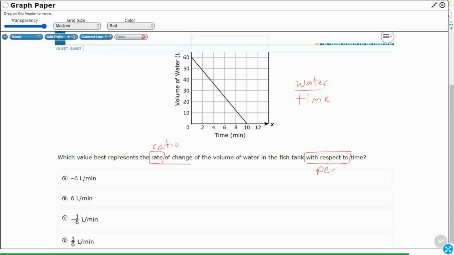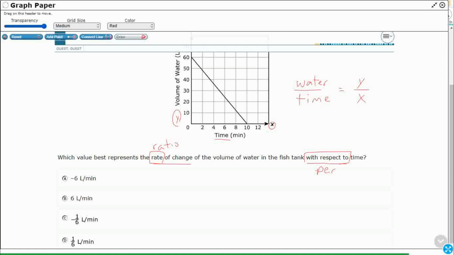So this is what I'm looking for: the rate of change of the ratio of the volume of water per time, or with respect to time. And let's see, my time here is on my x-axis, and my volume of water, you see there at the very top, is the y-axis. I'm not going to scroll that up. You can see that at the very, very top.